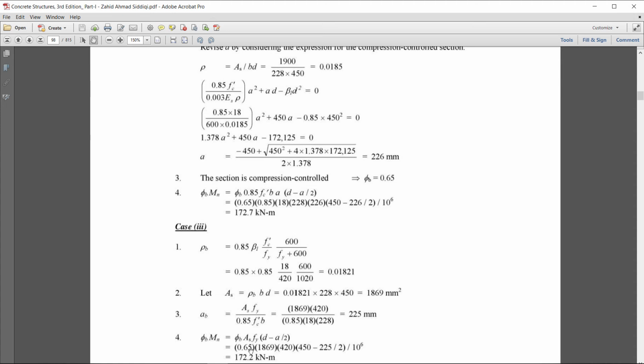The formula is 0.65, with 1869 millimeter square calculated based on balanced failure, multiplied with 420, times 450 minus 225 divided by 2. The whole formula is divided by 10 to the power 6. Our moment capacity is 172.2 kilonewton meter.